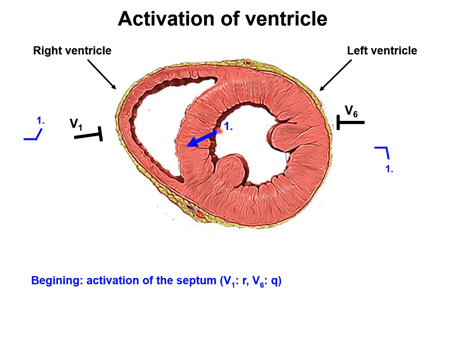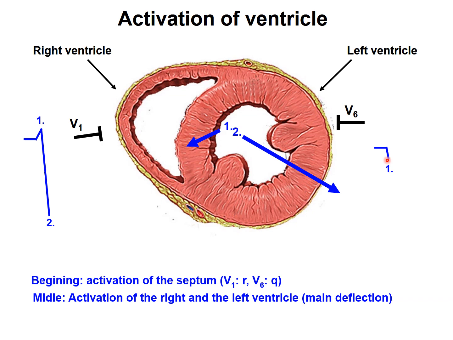This is why we do have a left to right vector pointing toward V1. This is why in V1 we do have an initial R wave, while in V6 we are going to detect a small Q wave.